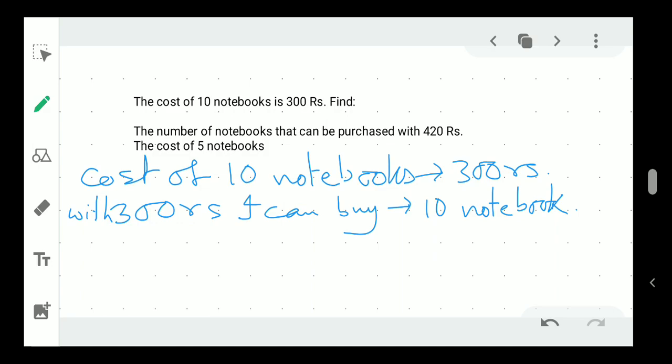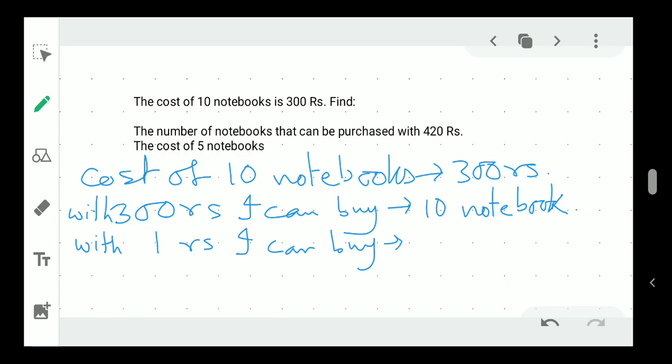To do the math with the unitary method, we first have to find for one, that is, with 1 rupee how many notebooks I can buy.